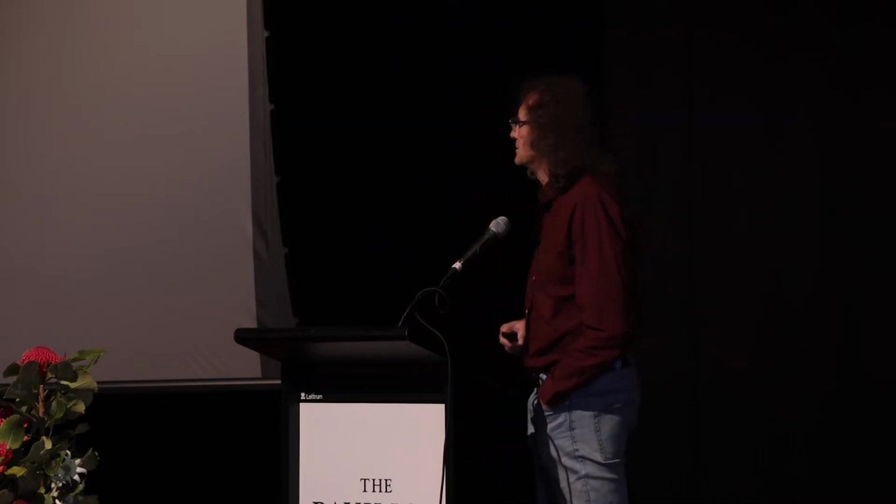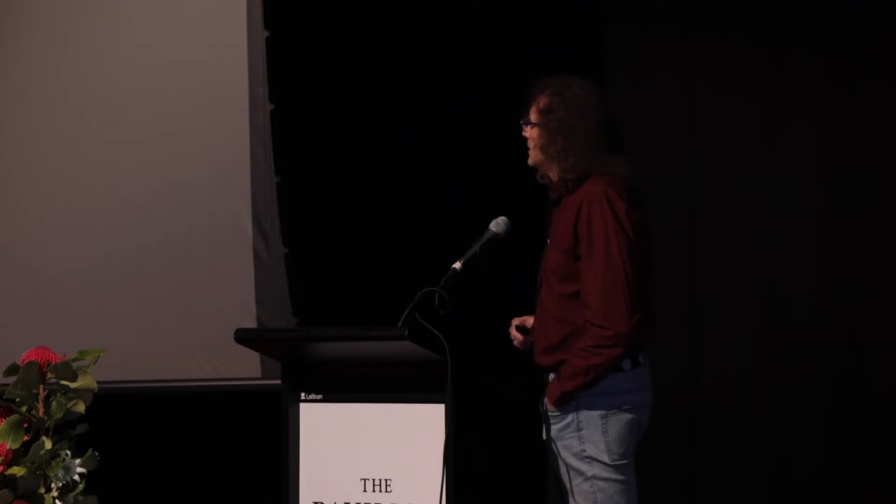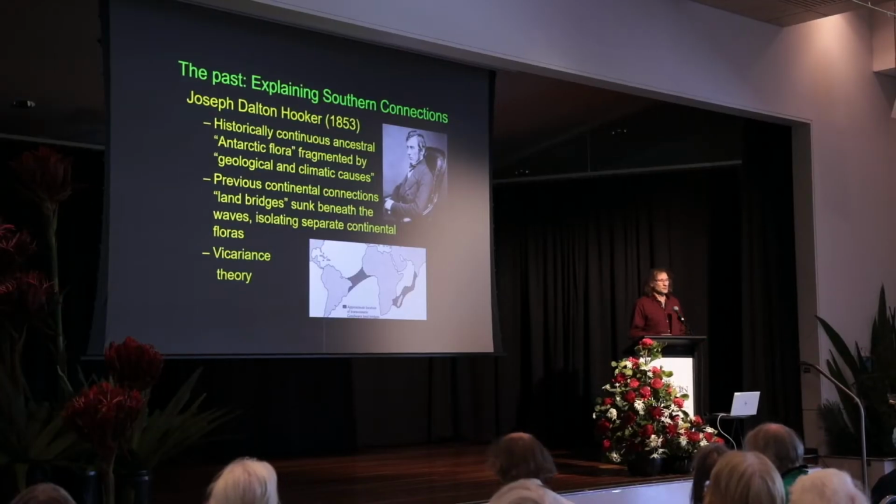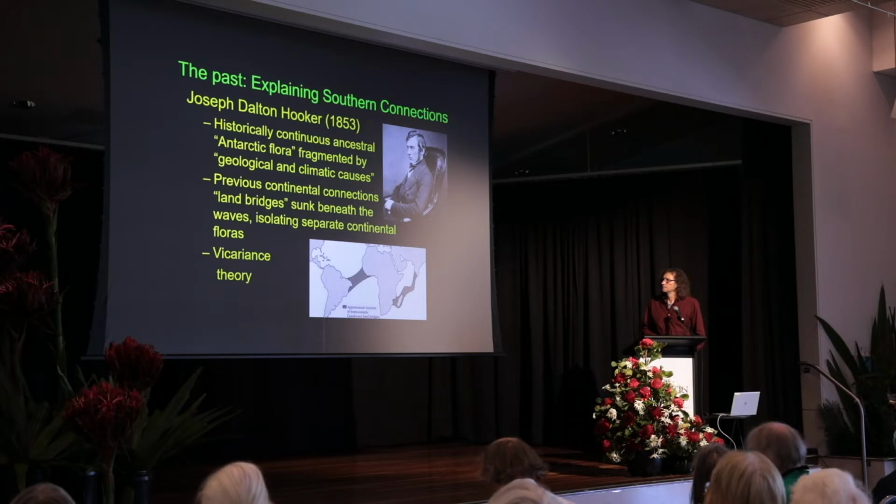And he postulated that there must have been some kind of land bridge or connection between these landmasses at some time in the past. And this was in 1860, he was talking about this sort of stuff. And it's since become known in modern biogeography as vicariance theory.